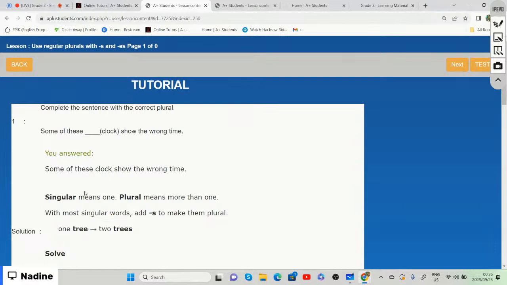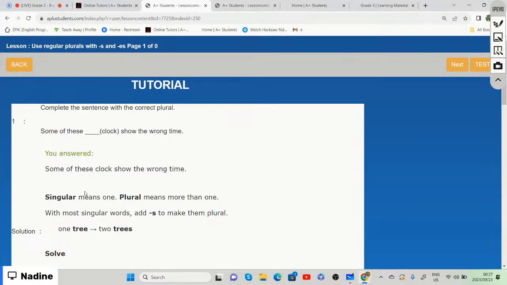Okay, so now we're going to complete the sentences with the correct plurals. Some of these clock shows the wrong time. Is it clocks, or do we use the word clock? Some of these clock or clocks shows the wrong time.